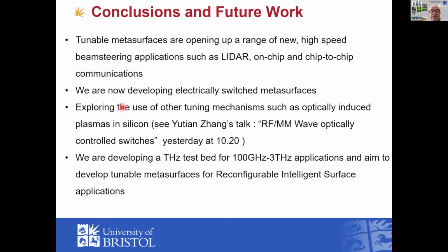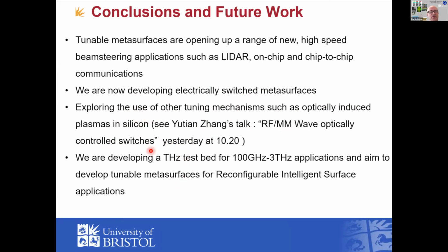We're also exploring other tuning mechanisms. Some of you may have been here yesterday. This is my PhD student, Yutian Zhang. He gave a talk about optically controlled microwave switches, where we illuminate silicon, and when you illuminate silicon with particular wavelengths of light, you can get these types of tuning behaviors.